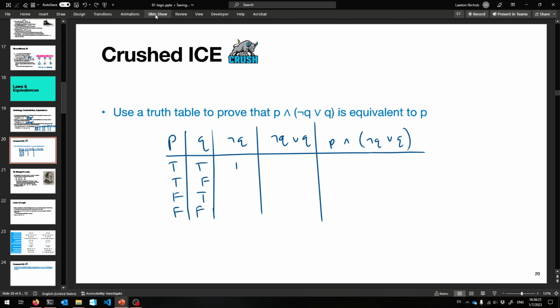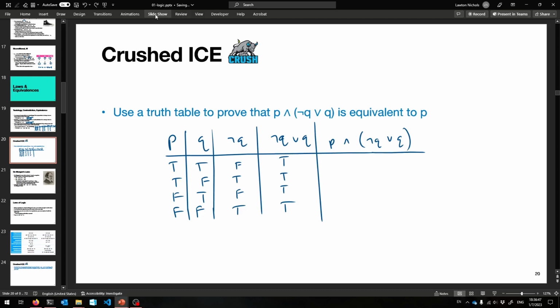So not Q is false, true, false, true. If I OR together Q and not Q, one of those is always true, right? And the other's false. So you OR anything with a true on one side, the answer is true because it's inclusive OR. So this is a tautology, so it's kind of useless information.